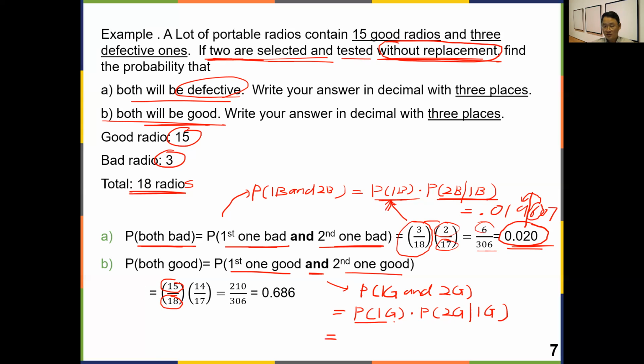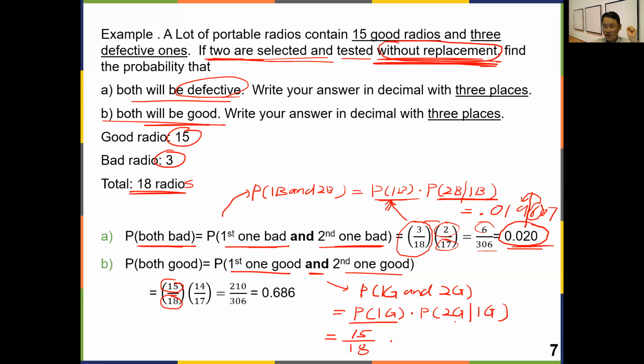Then what's this probability? What's the probability that when you pick the first one, it's got to be good? We have 15 good ones out of 18 altogether. Now remember, I'm holding on to the good one because the question says without replacement.